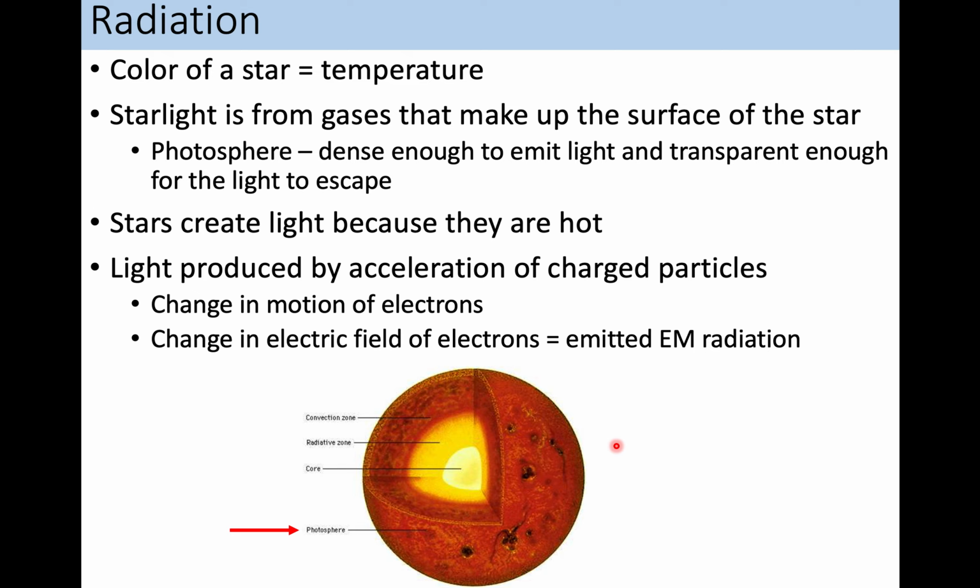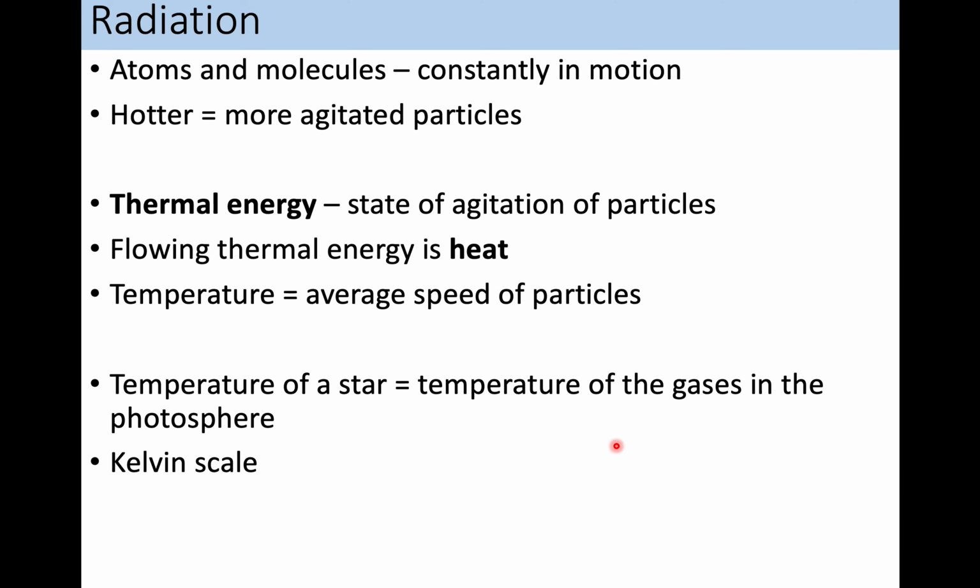So stars have a lot of excited atoms on them. The atoms and molecules on stars are constantly in motion, and the hotter the star, the more agitated the particles are.